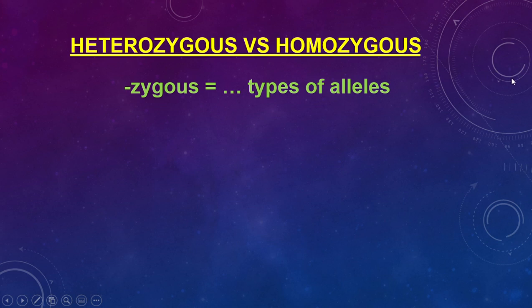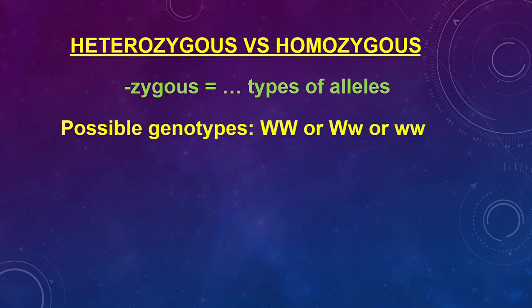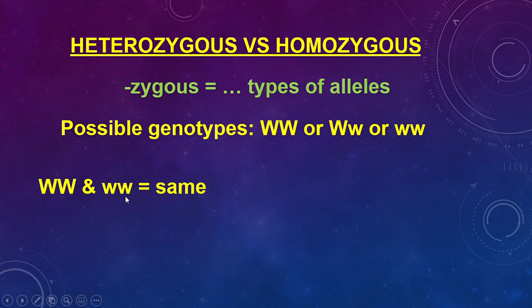So let me take you back to our example in our previous picture. We had said that the possible genotypes that we can have will either be big W big W, big W little w, or little w little w. Do we notice that with big W big W, and little w little w, that individual has inherited the same allele? It's essentially saying widow's peak, widow's peak, or straight hairline, straight hairline.